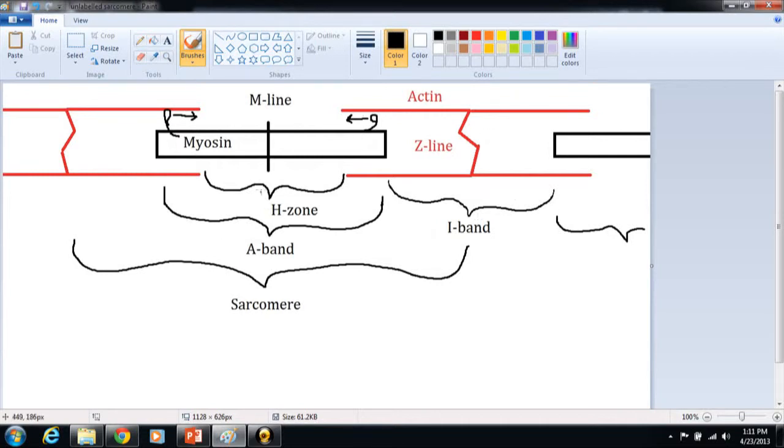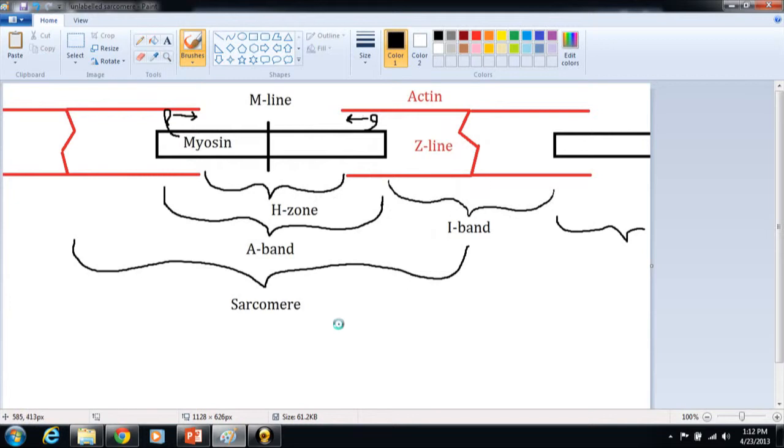Okay, the H zone is going to shrink, A bands will be closer together. The I bands shorten. Because these myosin filaments are closer together, there's going to be less area where there's only actin, and so that will shorten. Okay, the A bands will be closer together, but they'll remain the same length.